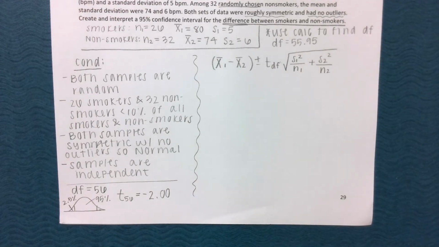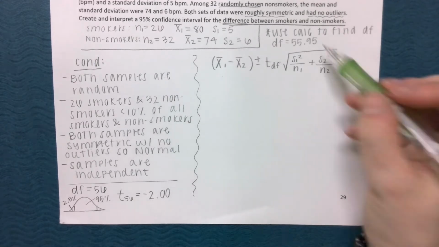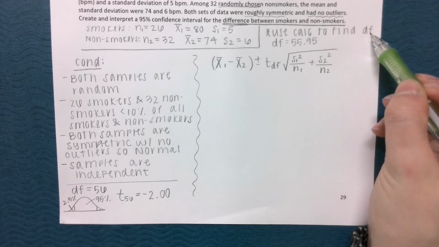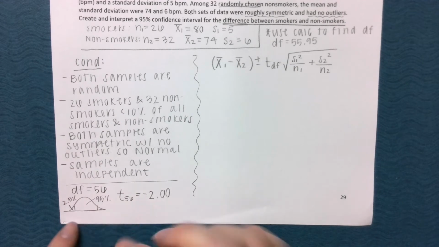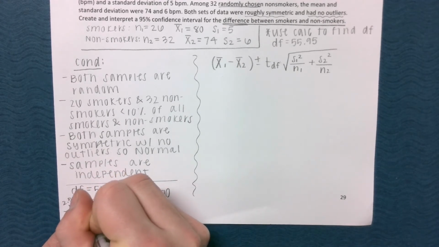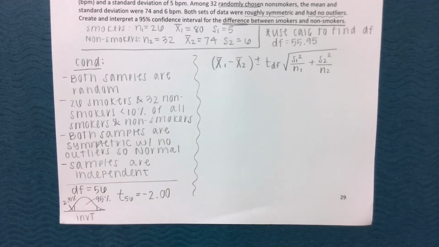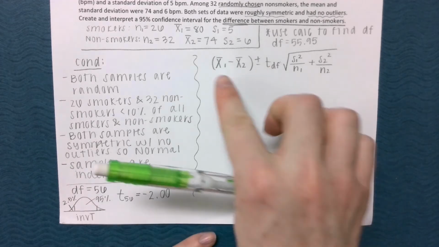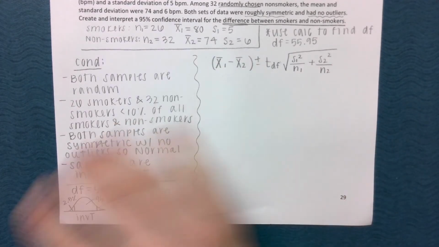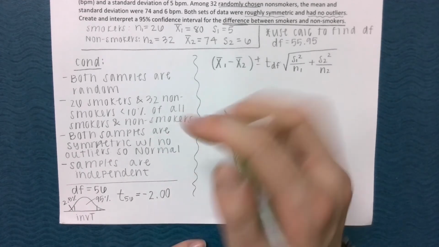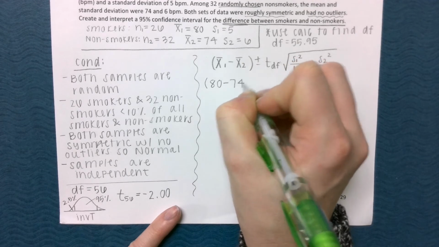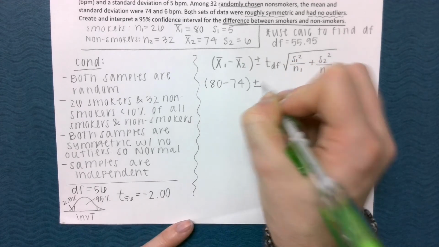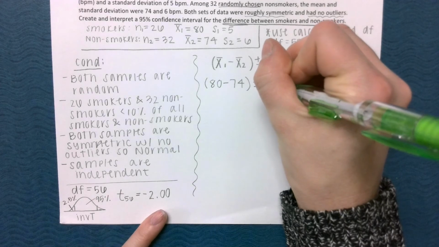Okay, so again, every time that we're doing a confidence interval for these two means, you will have to use your calculator to find those degrees of freedom. Once you have the degrees of freedom, you can use it to find your t-score using inverse t. Now that I have the t-score and I have all of these other statistics, I can go ahead and start plugging things in. So I'm going to plug in my sample means, so 80 minus 74, plus or minus that t-score we just found, 2.00.